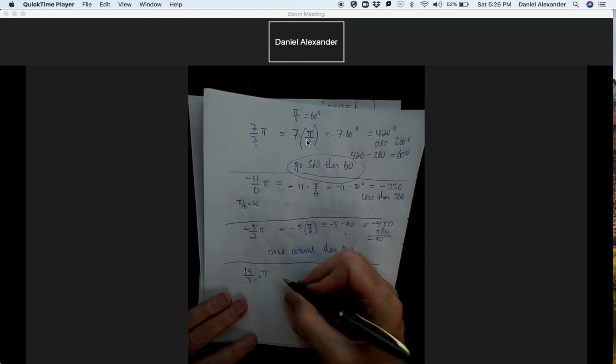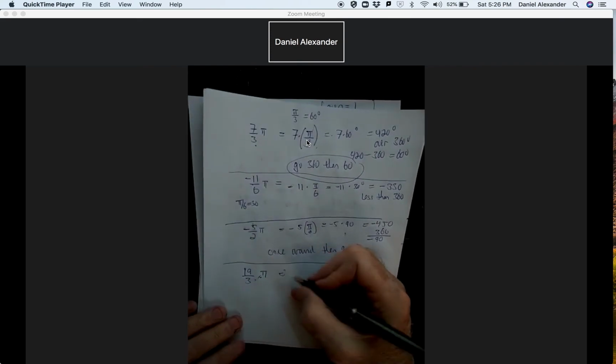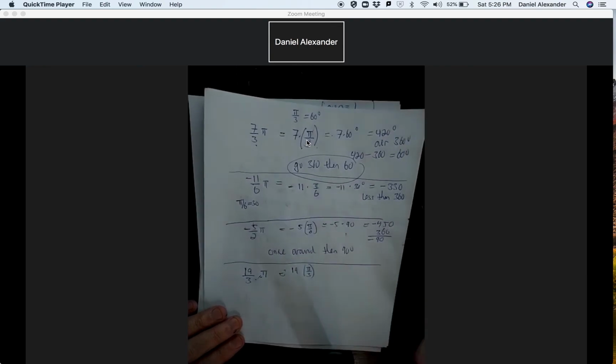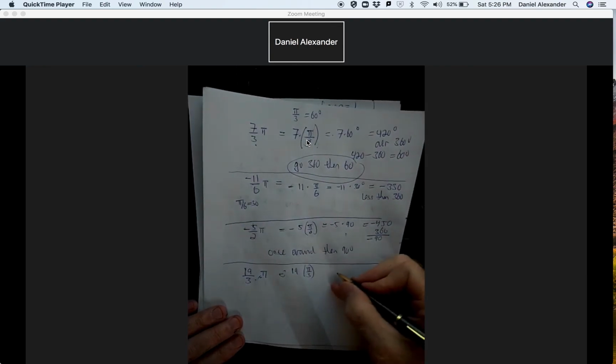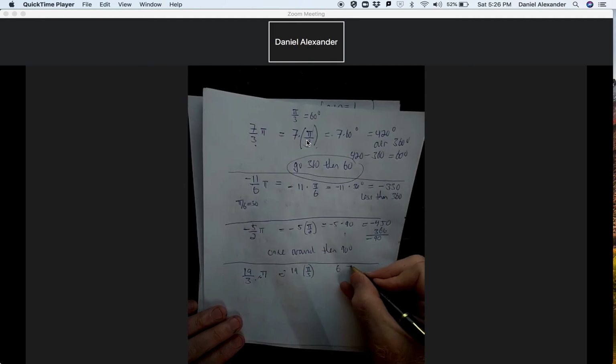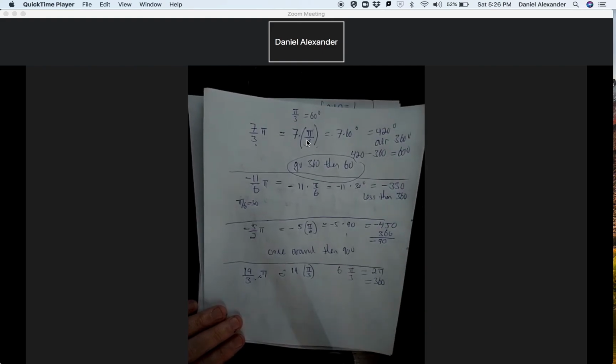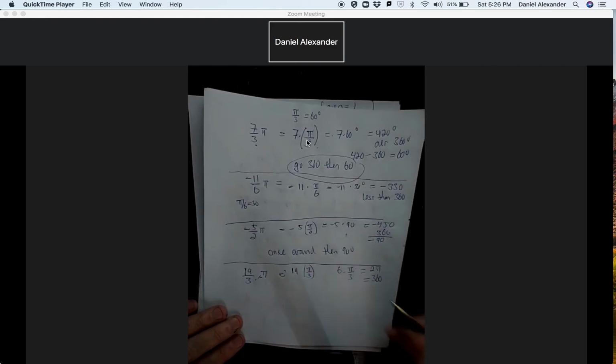Again, pi over 3 again, so this is like this one, except it's 19 pi over 3s. What I notice is that 6 pi over 3s is the same as 2 pi, so that's 360 degrees. So I have to figure out how many 6 pi's I have in here.